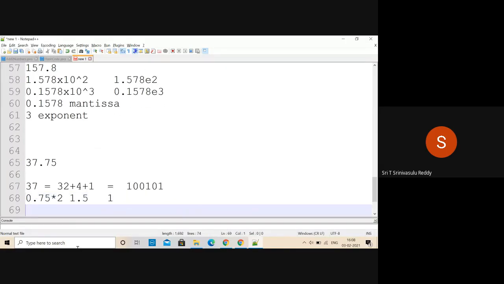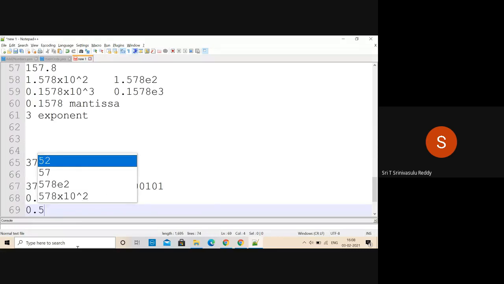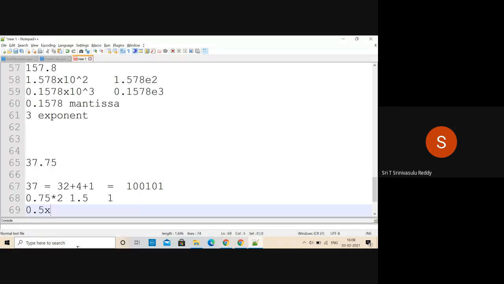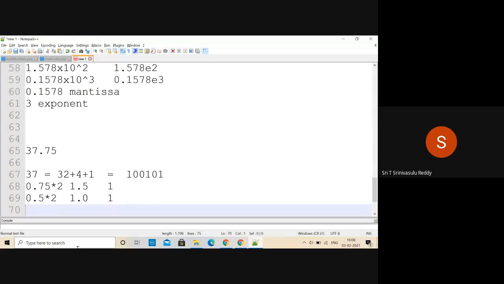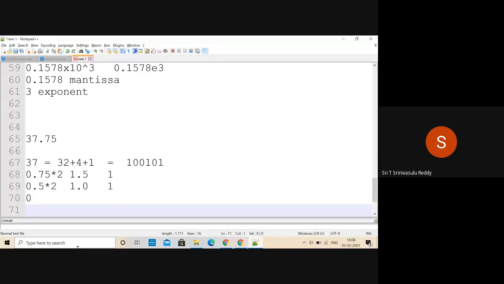For the next time you have 0.5, and multiplying with 2, you get 1.0, and that is going to terminate. Here you will get 1, and the next is going to be 0. You have to continue until you get 0. So it is nothing but 1, 1. So 0.75 in binary form is 0.11.